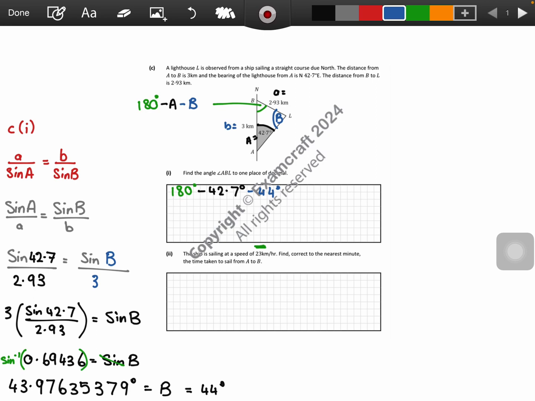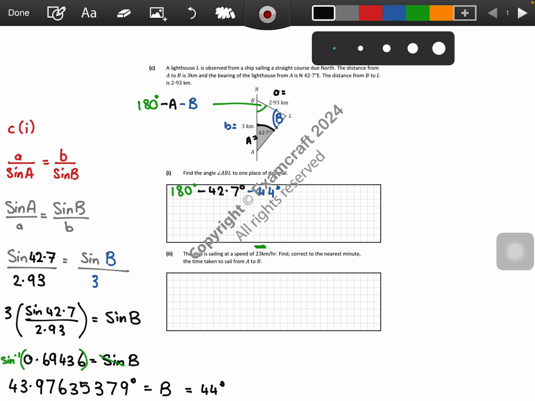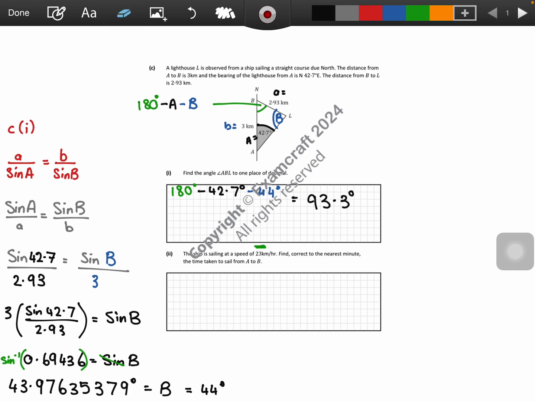So 180 minus 42.7 minus 44, and we end up with 93.3 degrees. Okay, and that's that one finished.